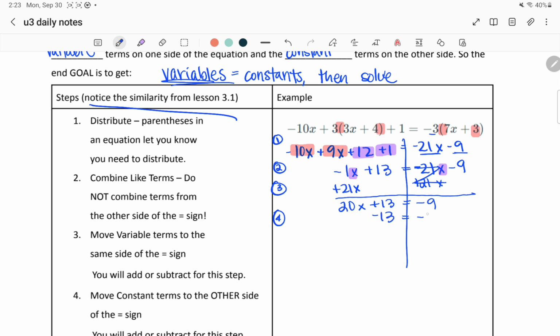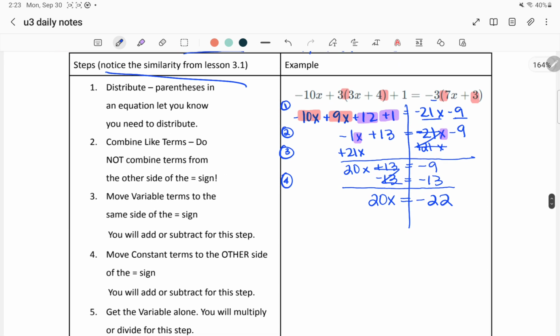I'm going to subtract 13. Cancels out. I've got 20x equals negative 9 minus 13 is negative 22. That's step 4. So notice now I have variable terms and not variable terms. Variables equals constants. That's what I wanted.